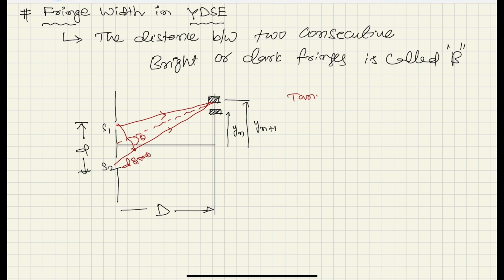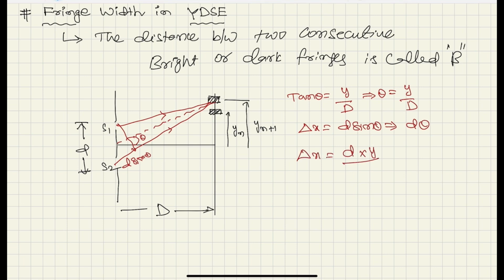Tan theta is equal to y by d, so theta is equal to y by d. Now the path difference delta x is equal to d sine theta. Theta is very small, so delta x is equal to d into y by D. This is the path difference.